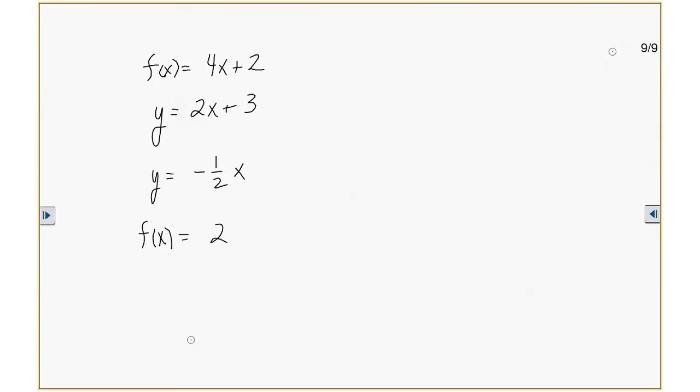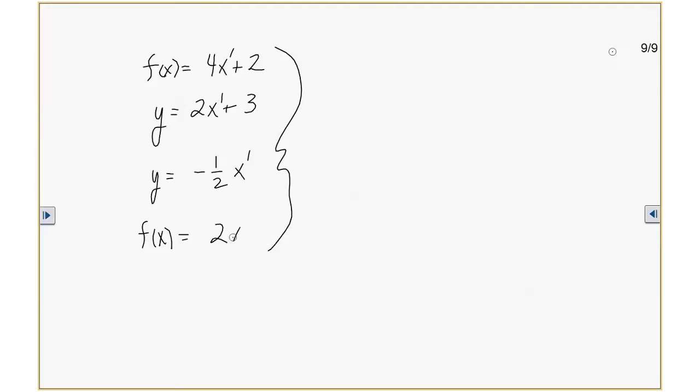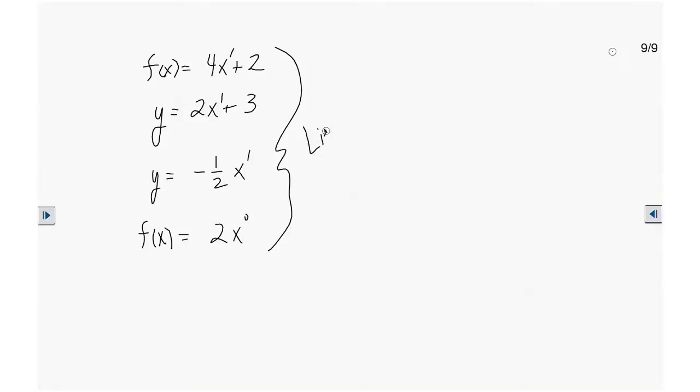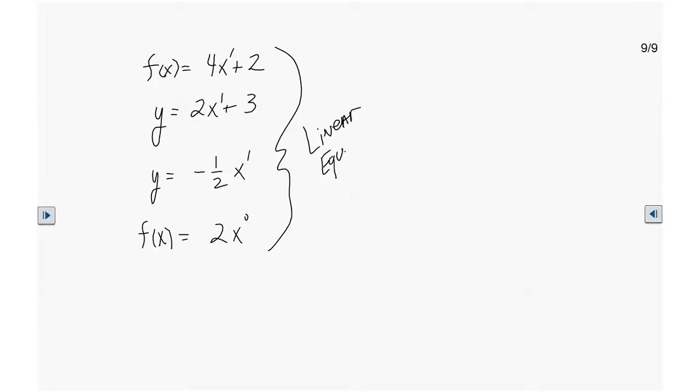And you were told to graph those lines, which were all what? X to the first power, x to the first power, x to the 0 power. All of these are what we call linear equations or linear functions.